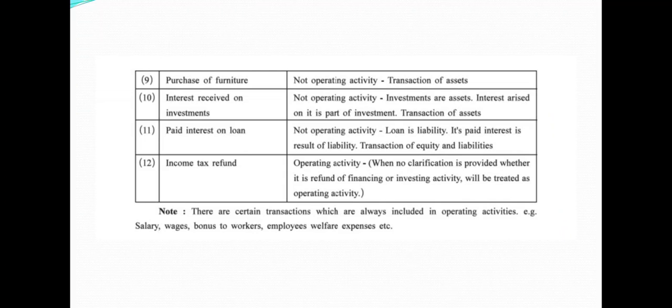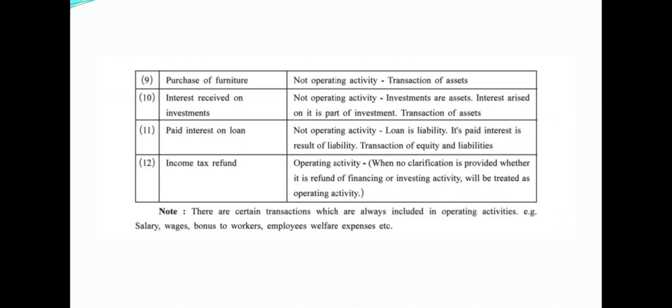Income tax refund: yes, it is an operating activity when no clarification is provided whether it is a refund relating to financing or investing activity. If it is mentioned that it belongs to investing or financing activity, then we will not consider it operating; in case nothing is given, we will consider it an operating activity.